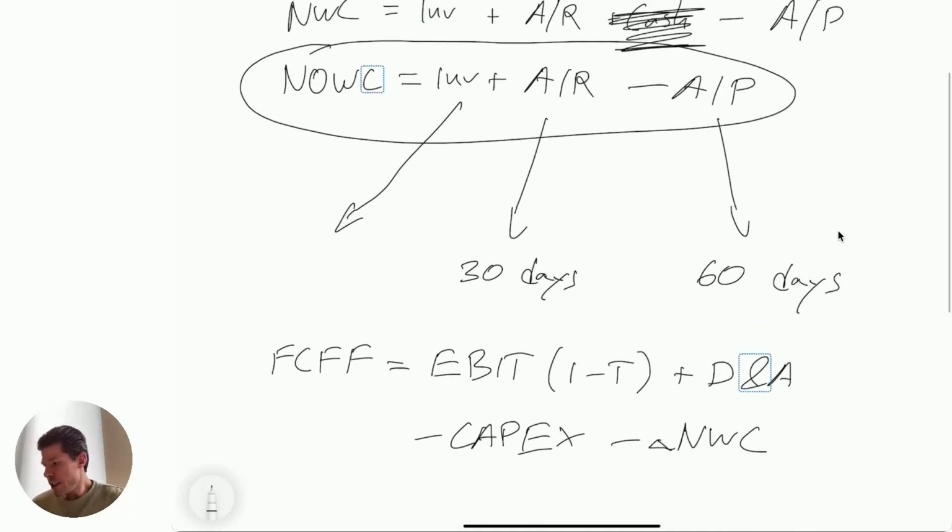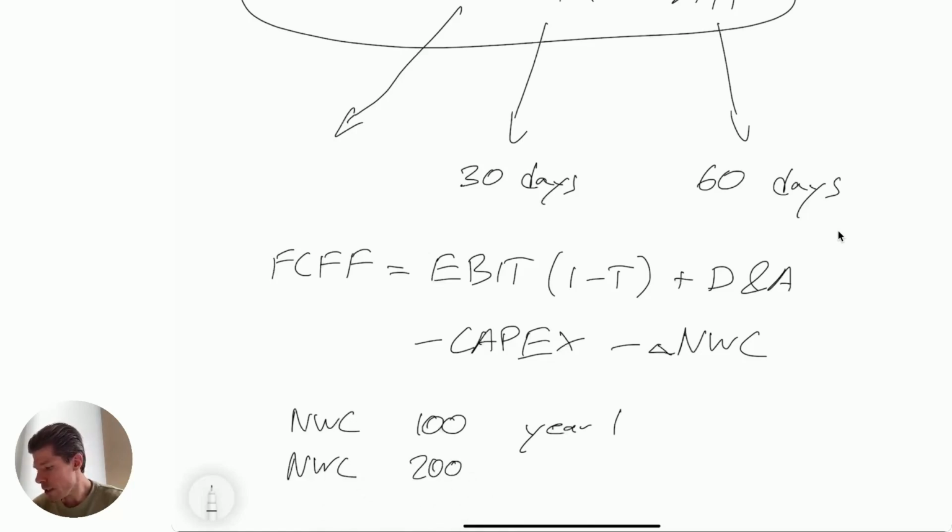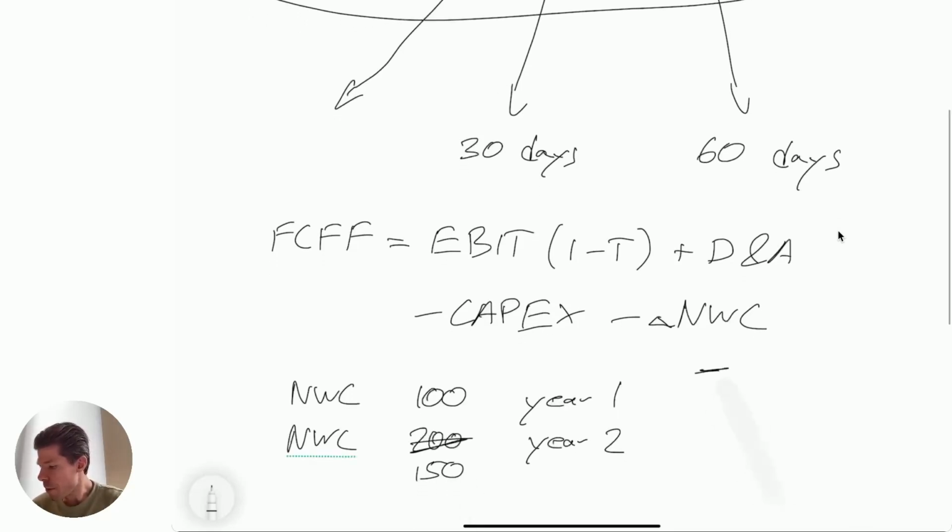And here, for the change in net working capital, if your net working capital is 100 in year 1, and your net working capital is 200 in year 2, or let's use 150, then you would have minus 50, the difference.